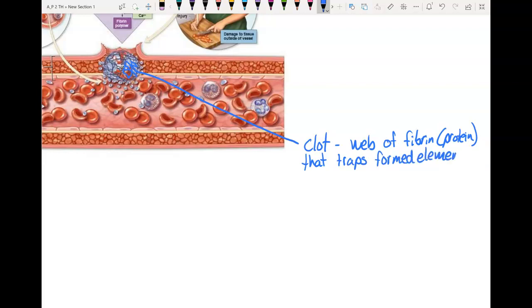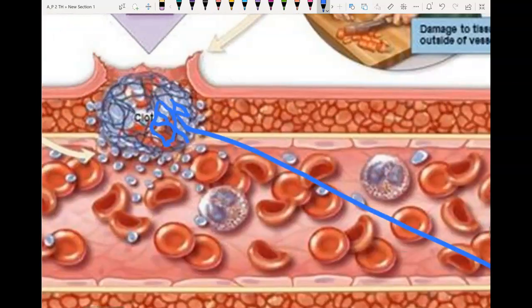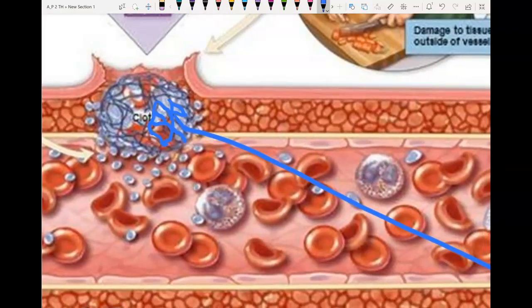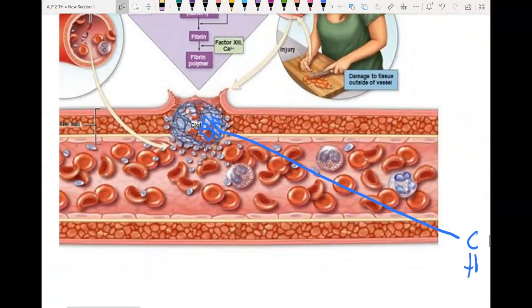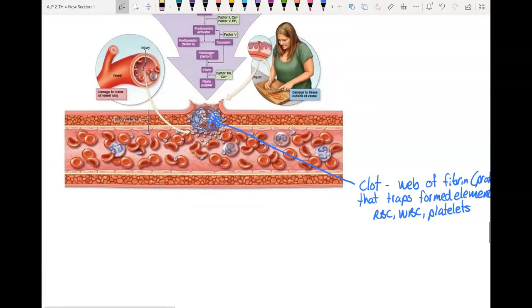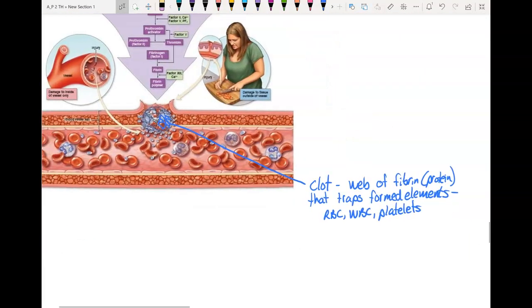And if you remember from the very opening of this chapter, formed elements are the red blood cells, white blood cells, and platelets. So all three of those, if you look in here, there's red blood cells and platelets, and maybe a few white blood cells get trapped in there. So that is your clot.